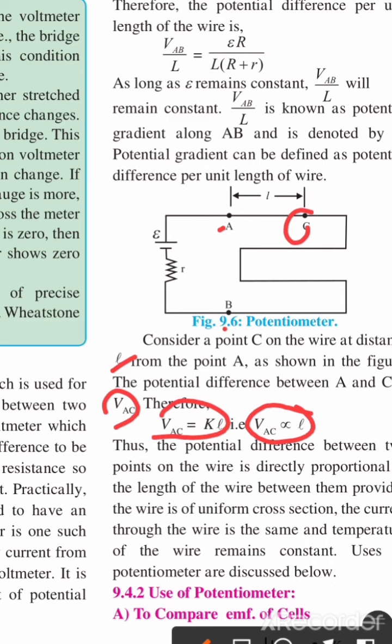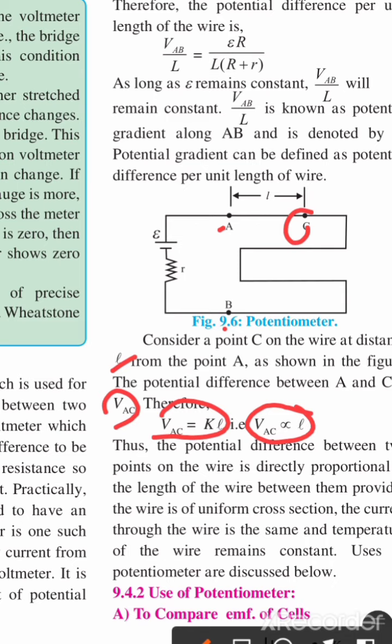Thus, the potential difference between two points on the wire is directly proportional to the length of the wire between them, provided the wire has uniform cross-sectional area, the current through the wire is the same, and the temperature of the wire remains constant. That is the principle of potentiometer.